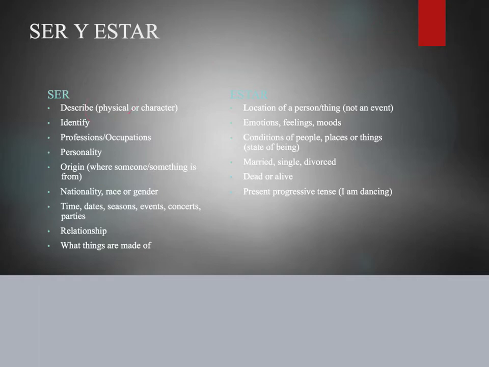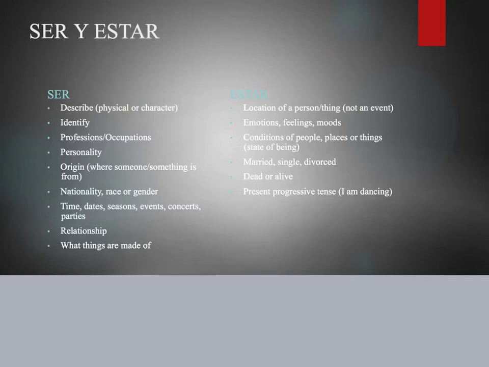I can also use ser in the example la clase es aburrida, because I'm describing the character or the nature of the class. In the same way, I can say yo soy inteligente, because inteligente describes myself or my character.